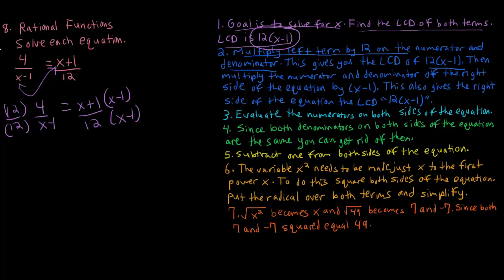And maybe this is going into number 3. Evaluate the numerators on both sides of the equation. The numerator is just 12 times 4, and then distributing this out, 12 times 4 is 48 over 12 times x minus 1, and then equals x plus 1 times x minus 1, which is a difference of squares.